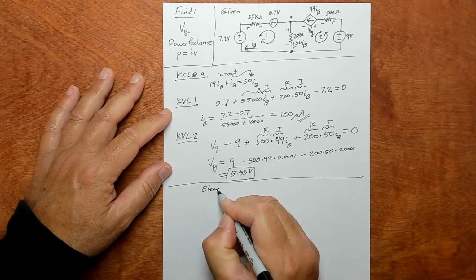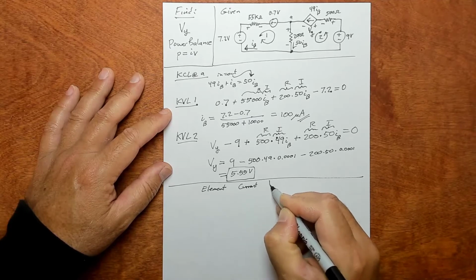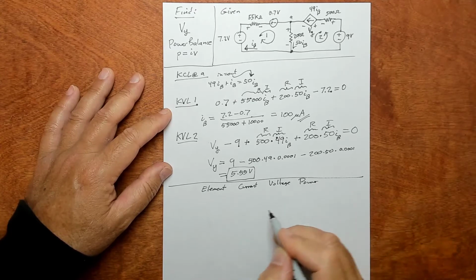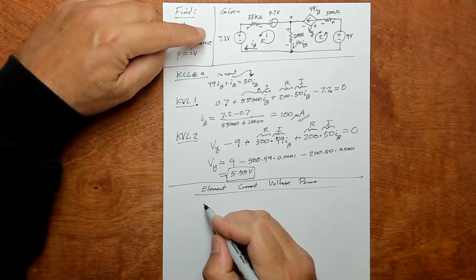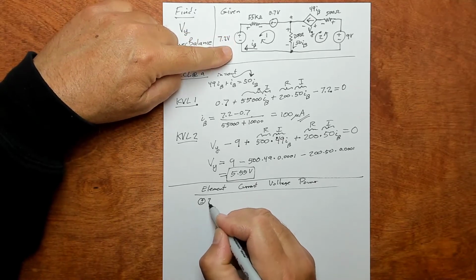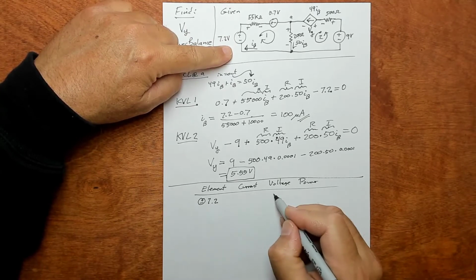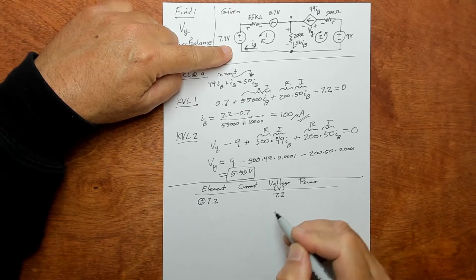So there's element, and let's put the current, and the voltage, and the power, and then anything else that happens. We've got the 7.2 volt source, which has 7.2 volts in it. So this is voltage in volts.